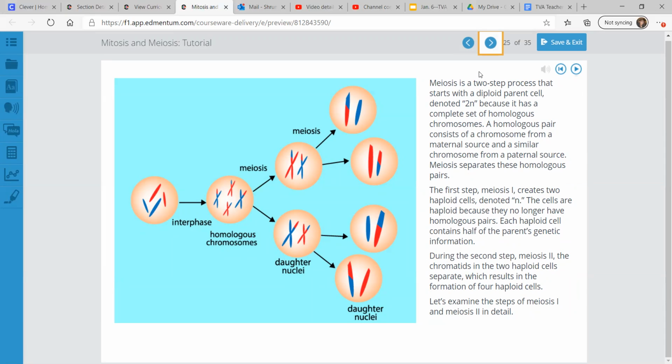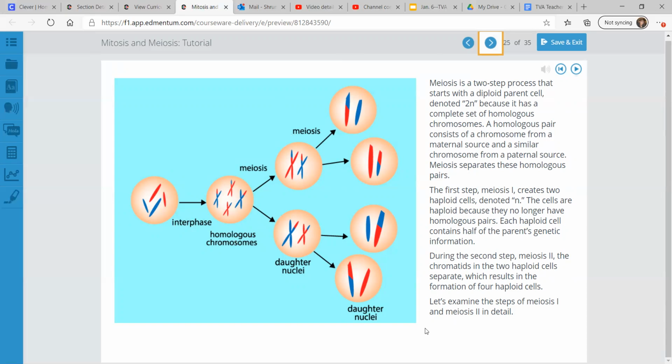A homologous pair consists of a chromosome from a maternal source and a similar chromosome from a paternal source. Meiosis separates these homologous pairs. And the first step, Meiosis One, creates 2 haploid cells. So we go interphase, then the homologous chromosomes split up.